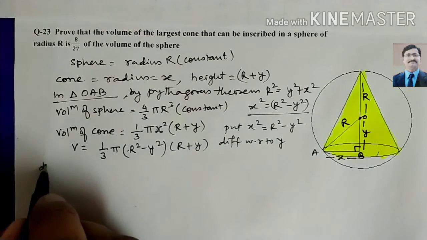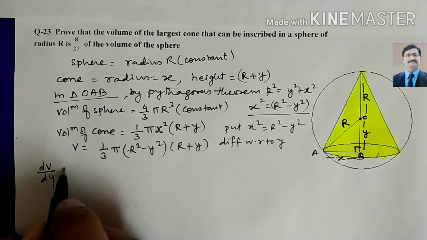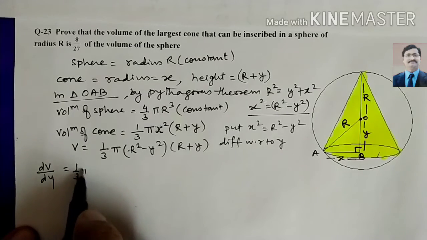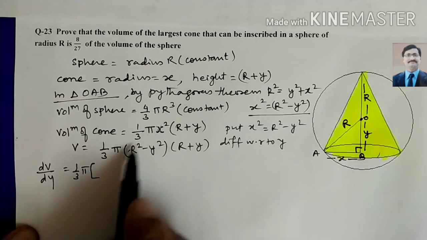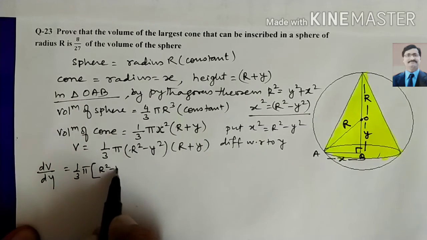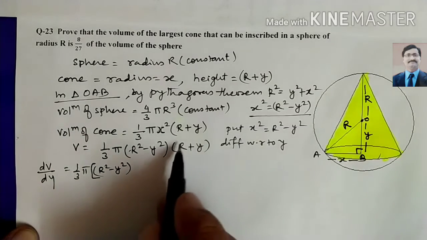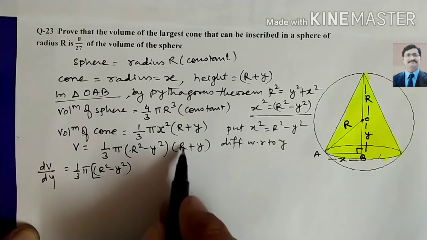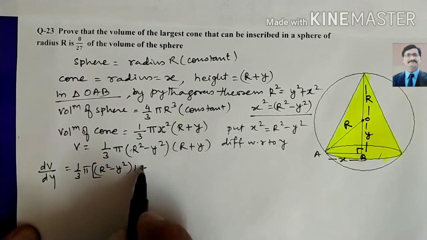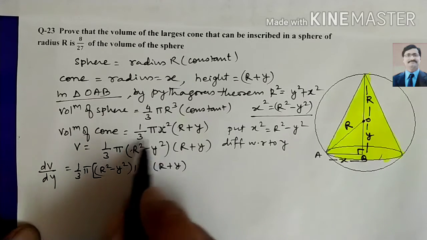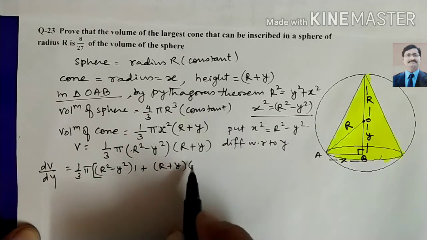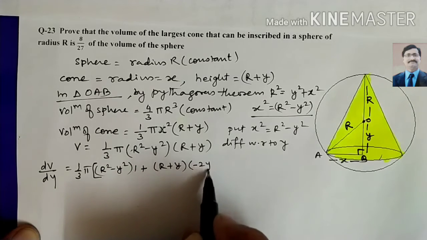We get dV/dy equal to 1/3 π as it is. Now we will use the multiplication rule. First we keep R² minus y² as it is, and the differential of R plus y: R is constant, and the differential of y is 1. Plus R plus y as it is, and the differential of the first portion: R² is 0, and we get minus 2y.